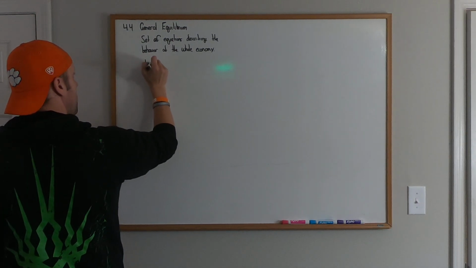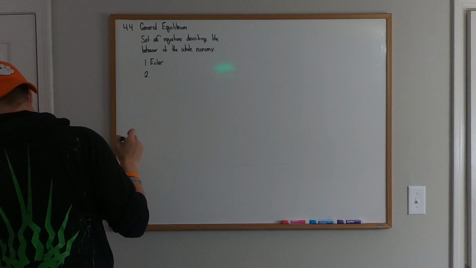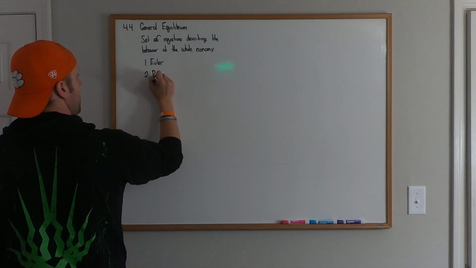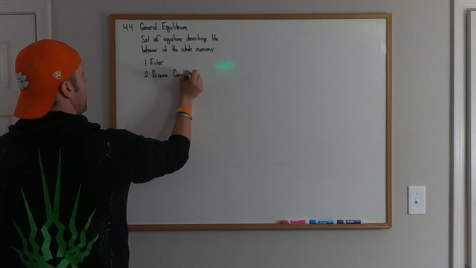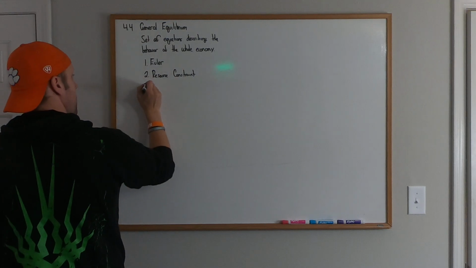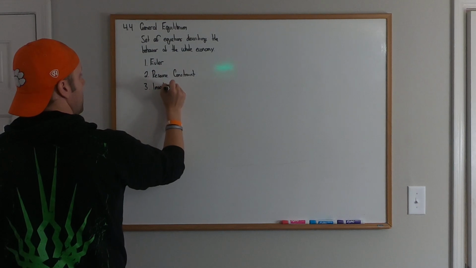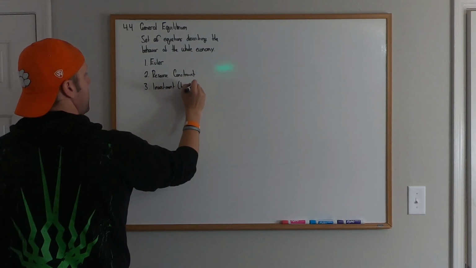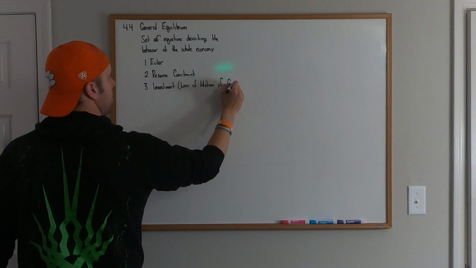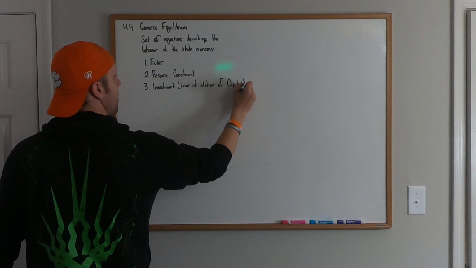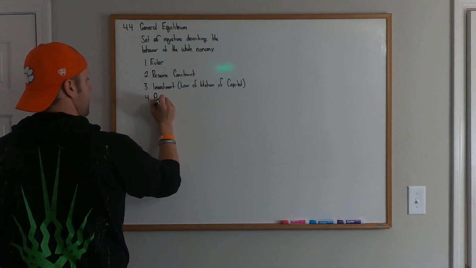Well, 1, Euler. 2, the resource constraint. 3 is investment, the law of motion of capital. 4 is going to be production.